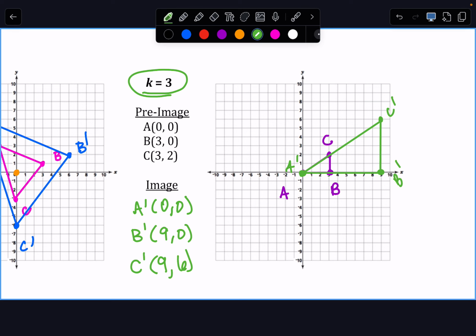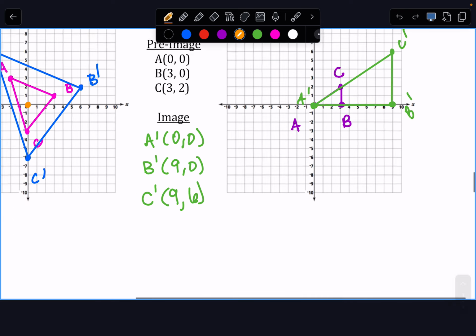We can literally see that the side length for our pre-image is 1/3 of the side length of our image. Do you see that? Our image side length is literally 3 times the length of our pre-image side.